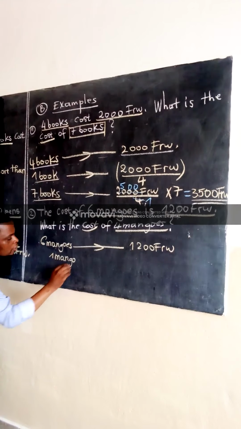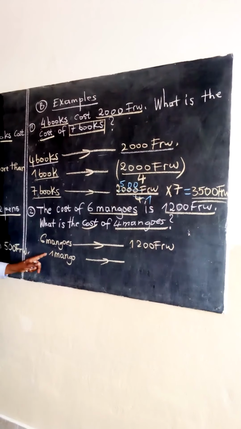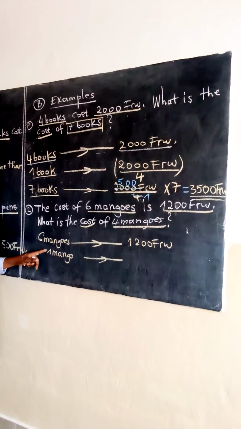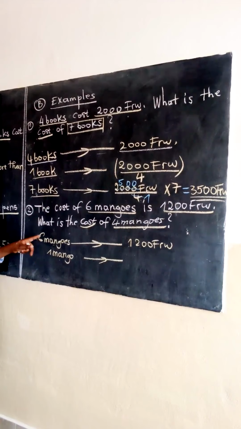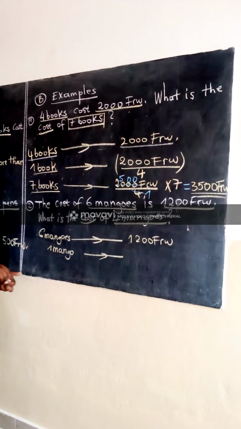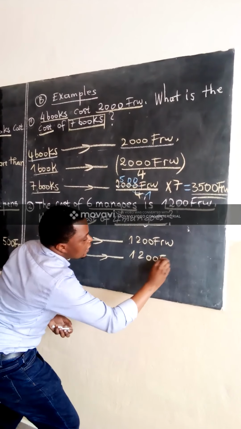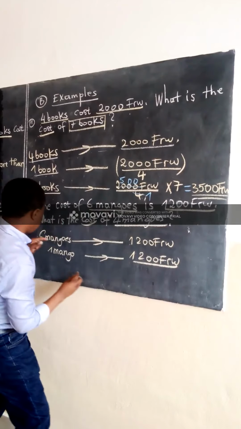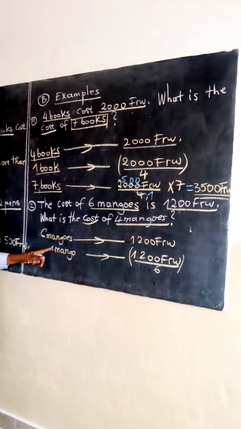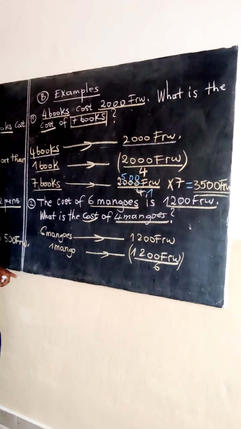The next step: what is the cost of 1 mango? First ask yourself if 1 mango will cost less or more money. You know that when it is 1, the number is decreasing, so we have to divide. We take 1,200 francs divided by 6. This is the cost of 1. When it is less, we always divide.